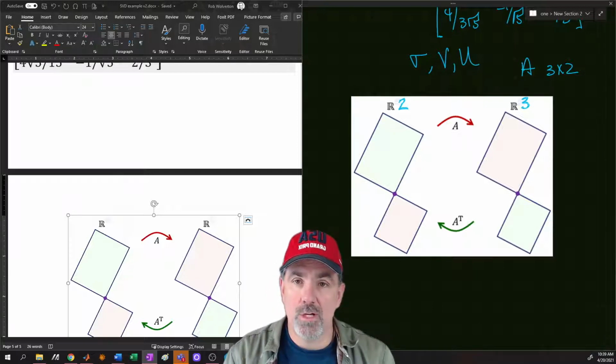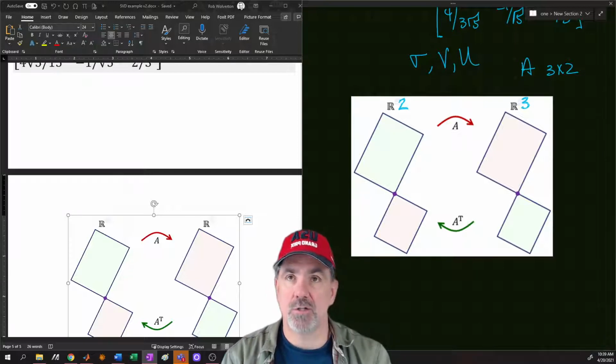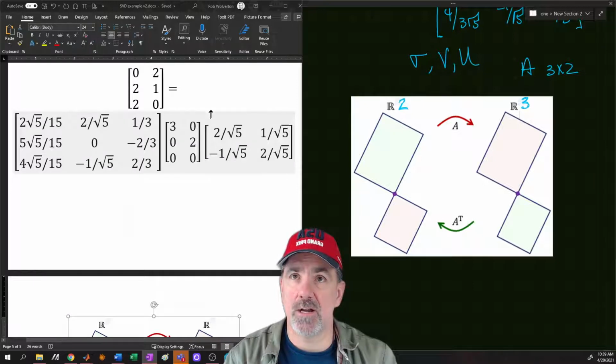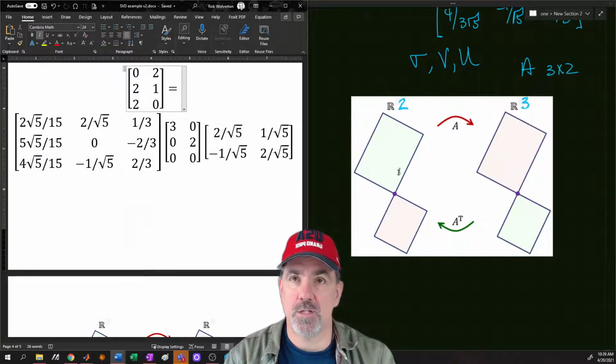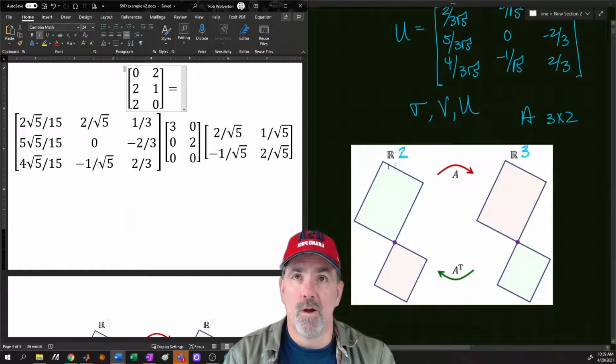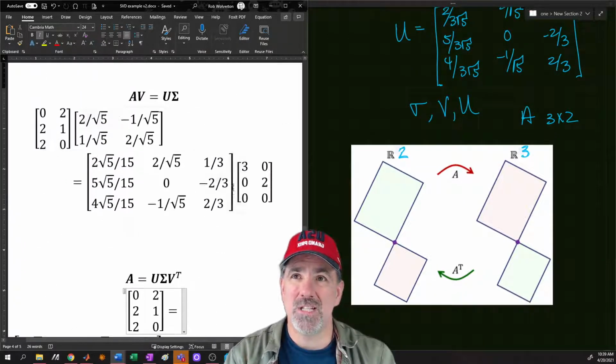And now what we want to know is what are the bases? So if we come back and look at the singular value decomposition, how can we find the bases for each of these spaces? Well, this is almost easier to see in this version, although we'll look at both. But looking at this, what we see is that the null space of A doesn't exist because I have as many columns as I have non-zero singular values here.